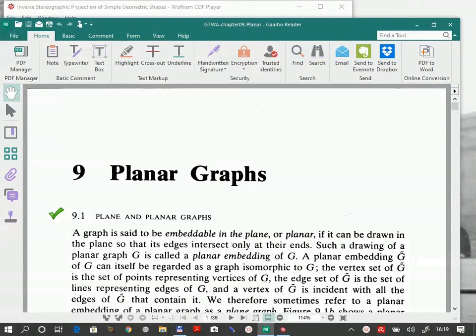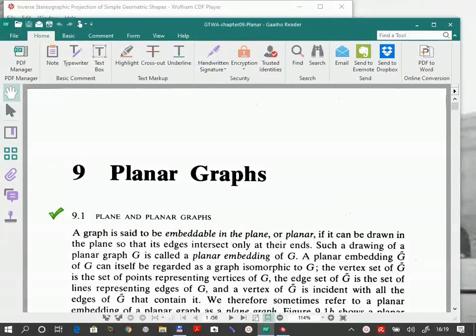But if you realize them, you can always realize a graph by points and arcs or curves. We always draw them on the plane, maybe with intersections which are not meant to be vertices, okay?